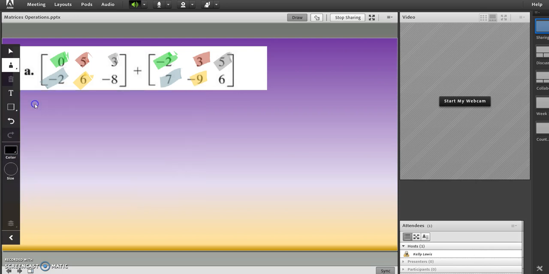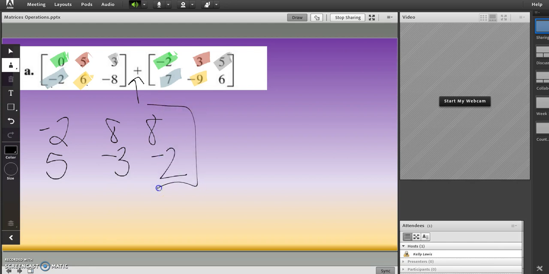And so we have 0 plus negative 2, which is negative 2. 5 plus 3 is 8. 3 plus 5 is 8. Negative 2 and 7 is 5. 6 and negative 9 is negative 3. Negative 8 and 6 is negative 2. And so that's the answer. It really is that basic.